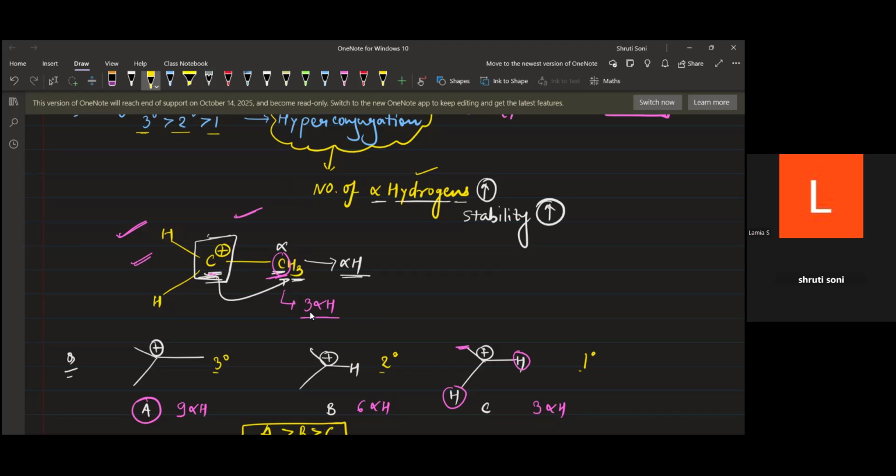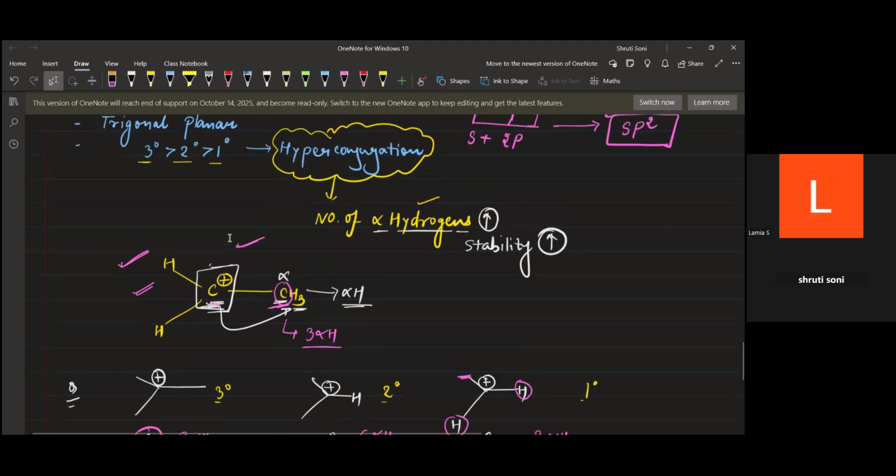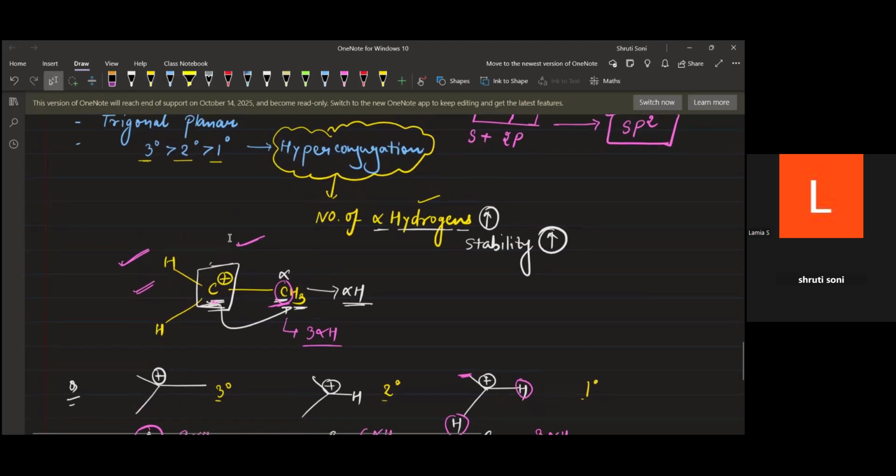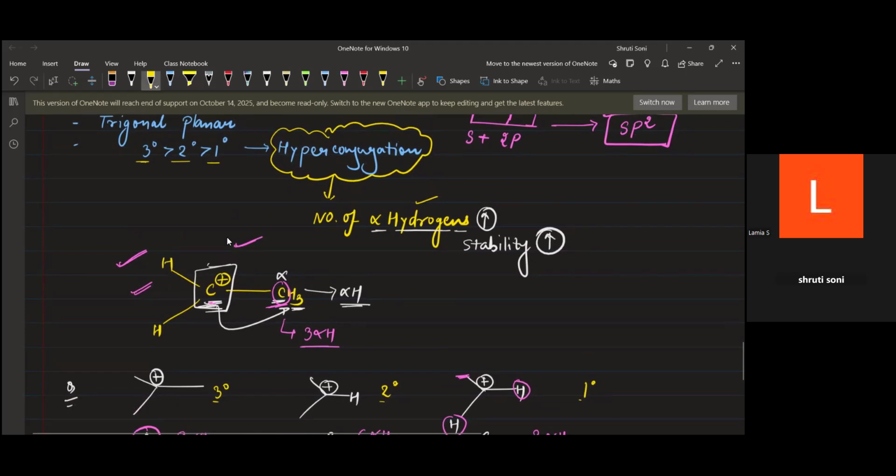If I hadn't defined the stability order via 3 degree, 2 degree and 1 degree, you would proceed with hyperconjugation. In hyperconjugation, you calculate the total number of hydrogens, then determine stability, while the degree of carbon is directly used to define stability.